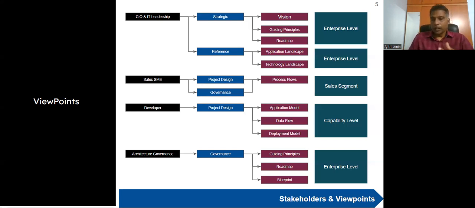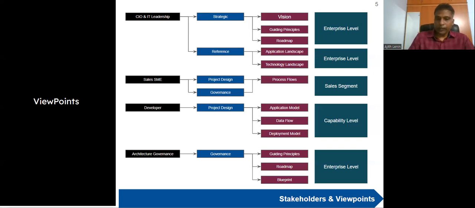Or they could be looking at a process governance perspective, so process flows could be a primary component. And being a sales SME, they may be interested only in the sales segment of it. So that's where the depth or breadth aspect comes in. They are looking at a single segment.